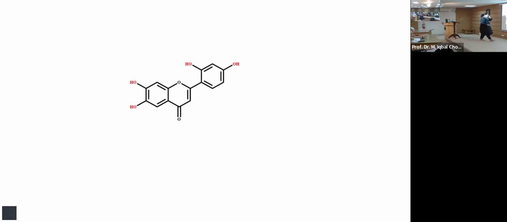Why doublet of a doublet? Because one time it is split because of the ortho proton and the second time it is split because of the meta coupling. And this should appear as a singlet.